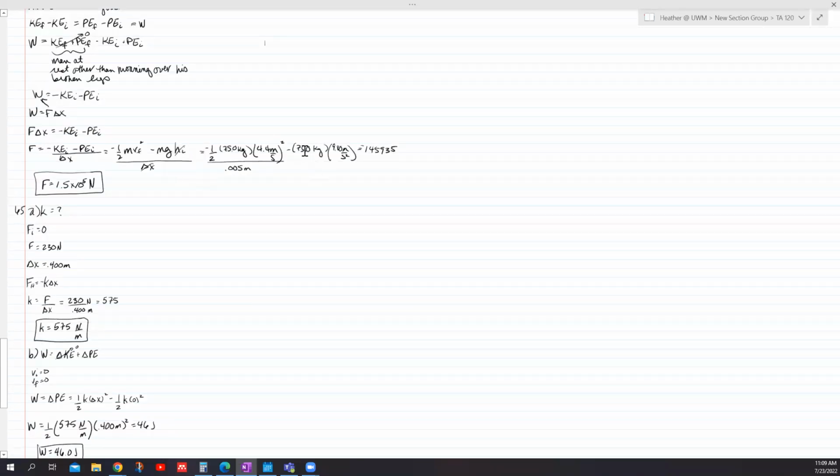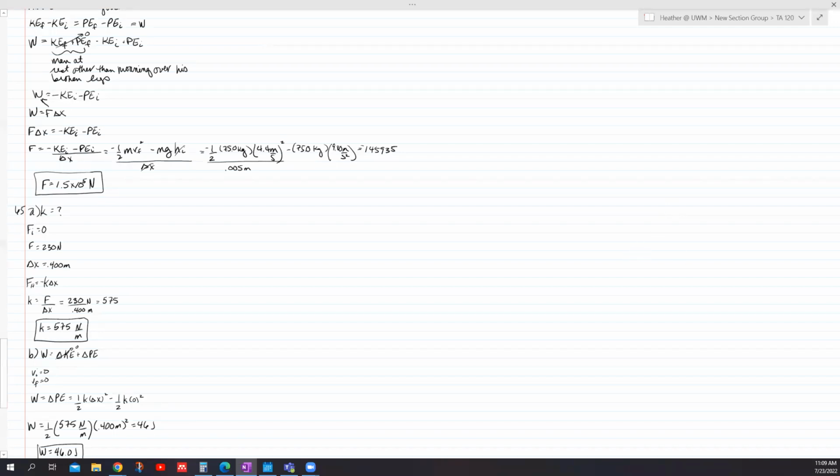We're going to plug in all that we know, and we end up with 145935, using our correct placement of the decimal. We're going to have force equals 1.5 times 10 to the 5 newtons. That is a substantial force, this poor guy.